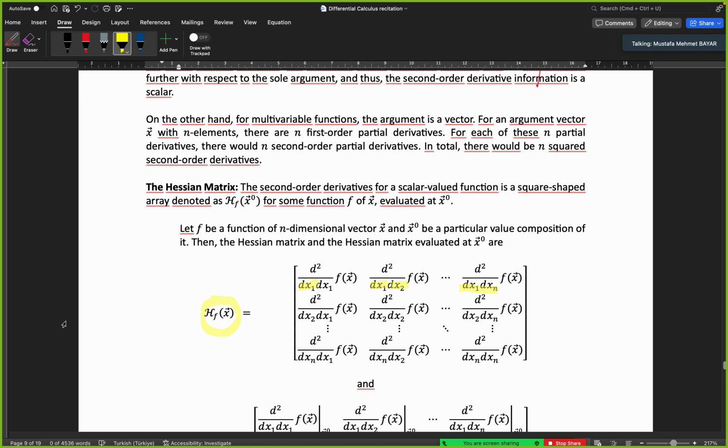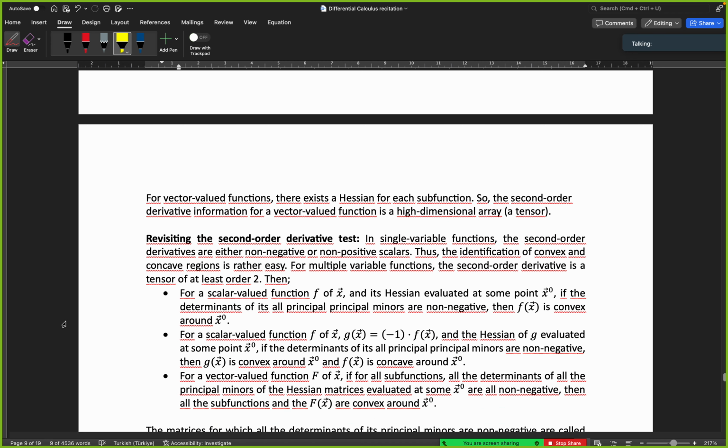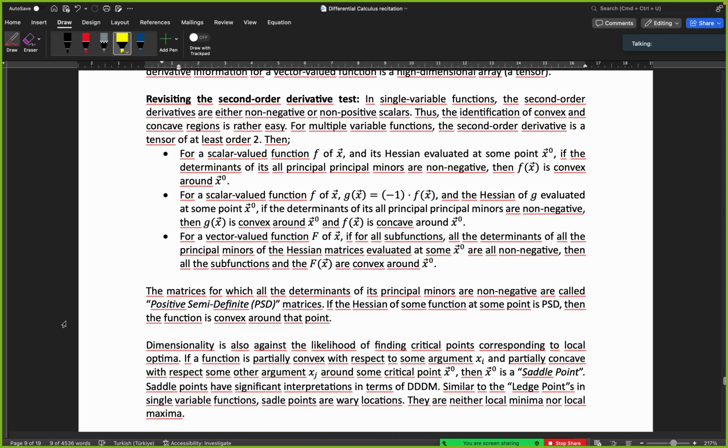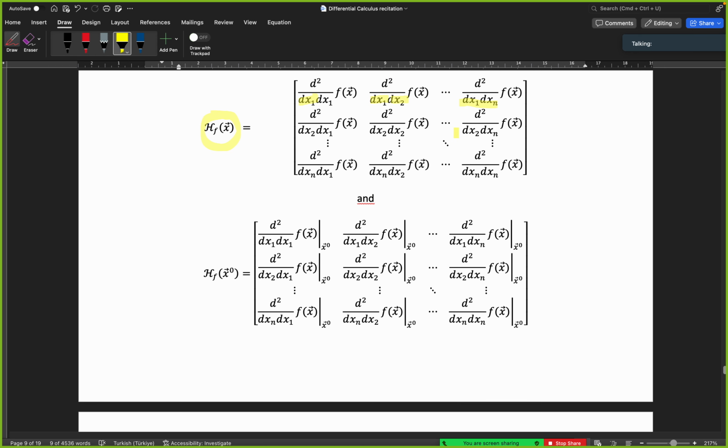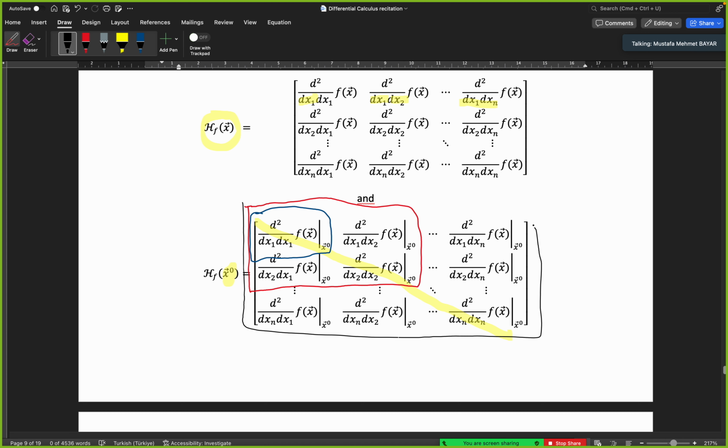To be able to do that, you have to evaluate the function at the point of interest, at x0, and along the principal diagonal, test the determinant of principal minors, starting from the northwest element and slowly growing around it until you get the whole matrix.